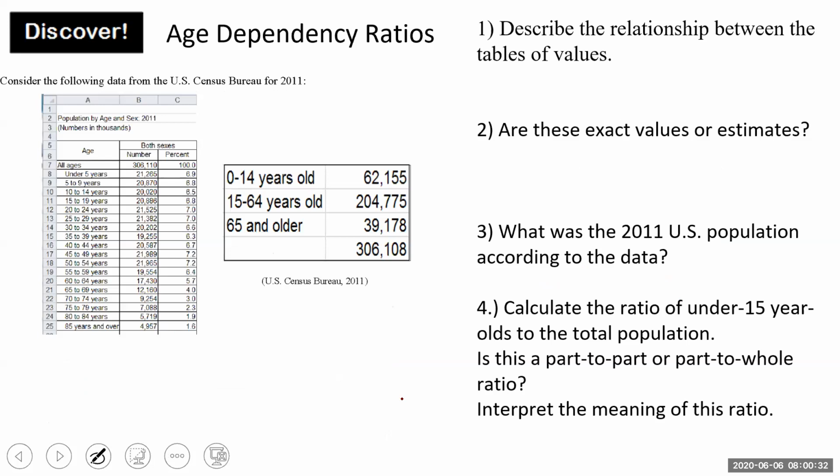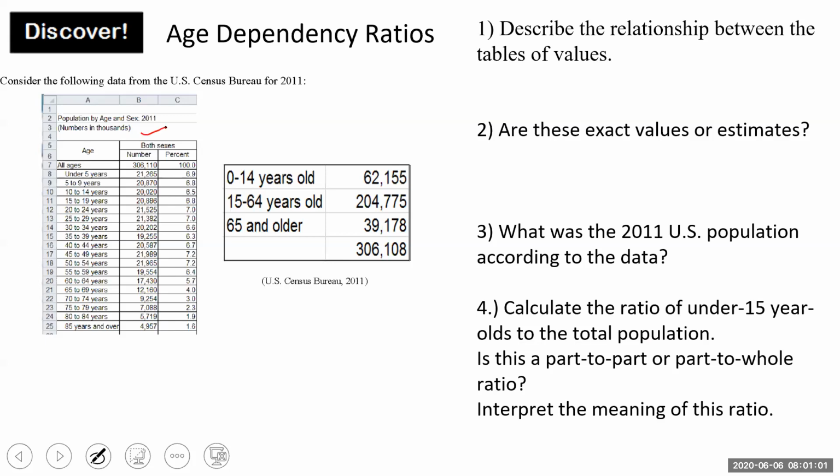All right. Now we talk about something very important. Okay. For this section that talks about age dependency ratios and describe the relationship between that. So here, look at the table closely. Now it says that population by age and sex 2011, number in thousands.